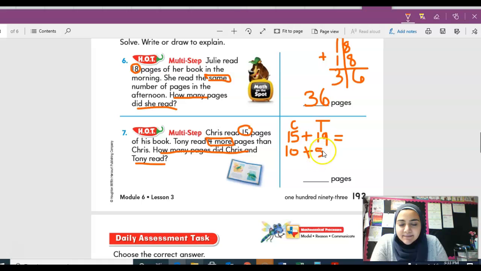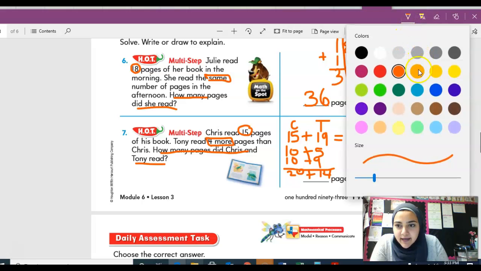And if I expand 19, that's 10 plus 9, right? All right, so now let's add down. What is 5 plus 9? 9, 10, 11, 12, 13, 14. So this is 14. And what is 10 plus 10? That is 20.